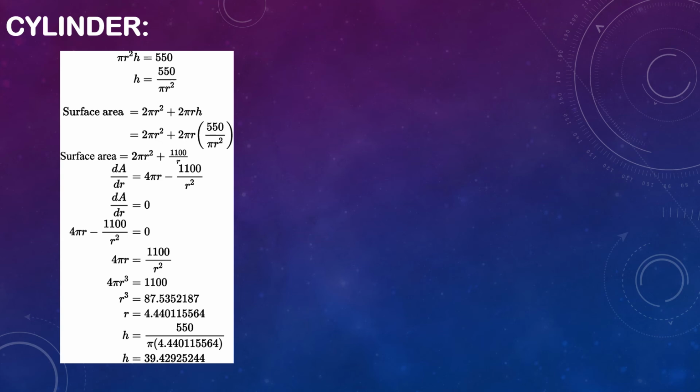1100 over r. So we differentiate that equation and we find that r, the radius, is equal to 4.4401155564. And if we sub the radius into the height formula, we found out that the height is equal to 39.42925244.